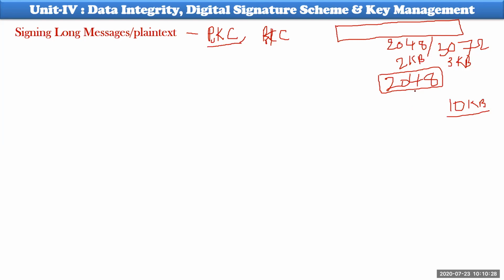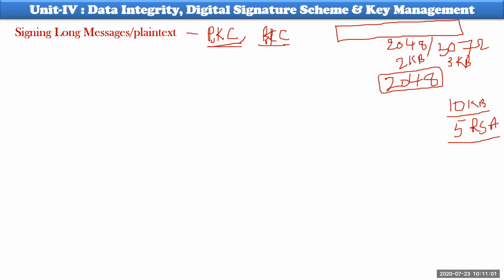Every block size is 2048, so totally 5 times RSA or any other cryptographic system would be operated. 5 times, because 5 into 2048 is about 10 kilobytes. So finally, for public key or private key cryptography, your block size is very small.